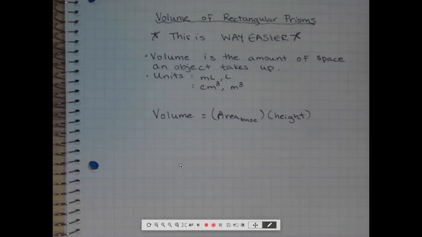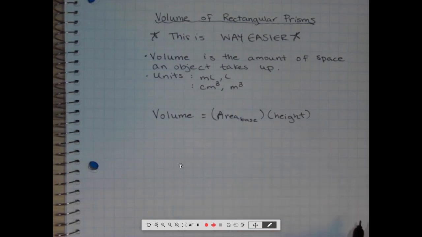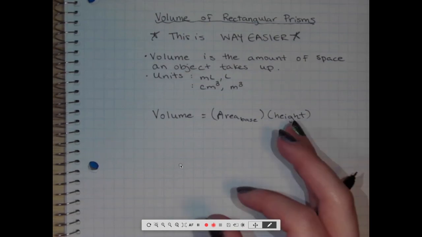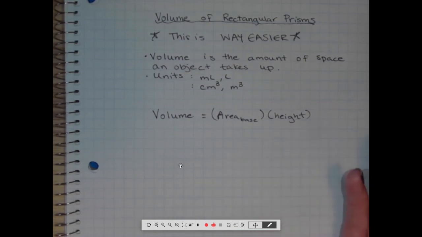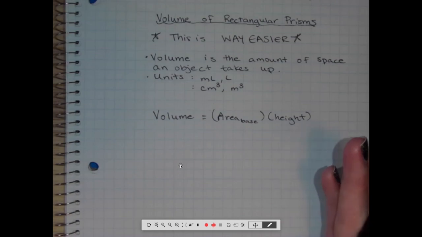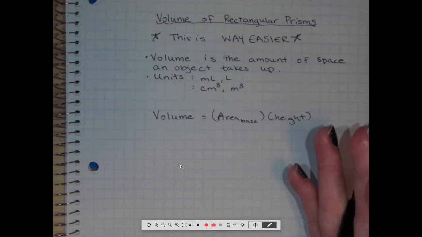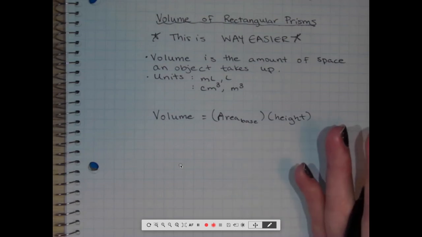So for a triangular prism, its base is a triangle, so we'd want an area of a triangle. For a cylindrical prism, its base is a circle, so we'd want the area of a circle. For our rectangular prism, the base is a rectangle. So it'd be the length times the width, which is our area of a rectangle.